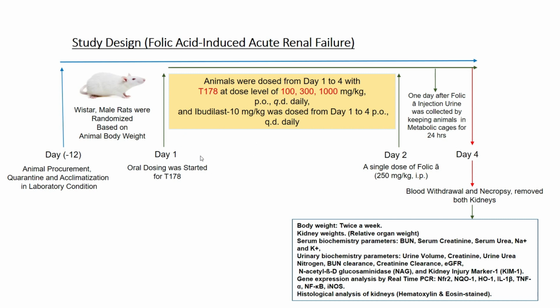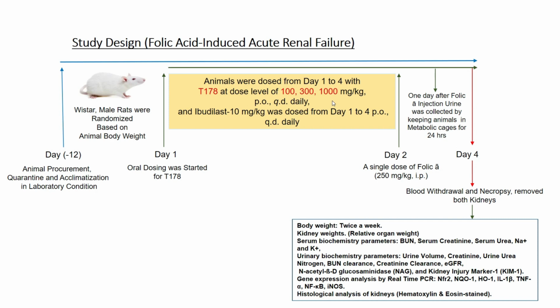It's up to you whether you start 7 days or 1 day before, or after the disease induction. It depends on your study model. Because it's an acute model, we will conduct this experiment for 7 days only, or it depends on the induction, how the folic acid acts while inducing the animals, and what disease level occurs at that time.